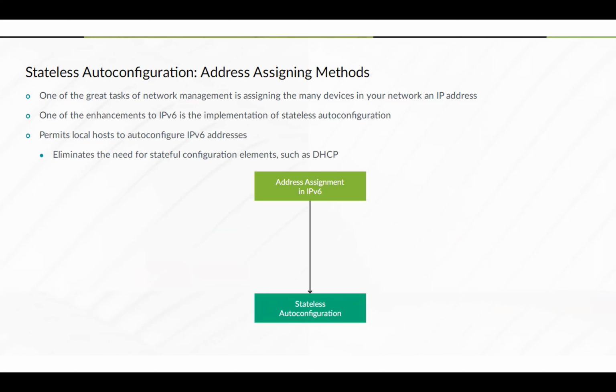So what is the way in IPv6? Stateless auto configuration: you can just enable the IPv6 feature on the interface, and the interface will automatically configure an IPv6 address. This feature is called the auto configuration feature.